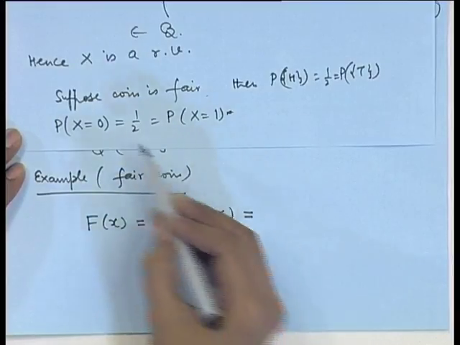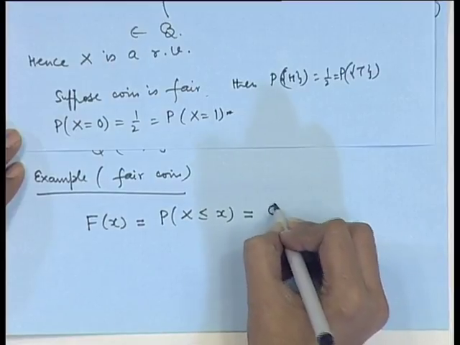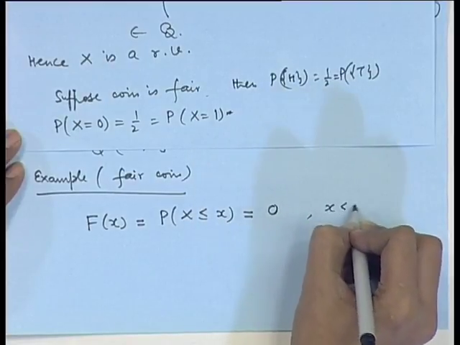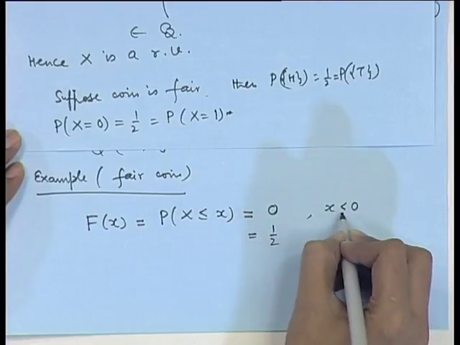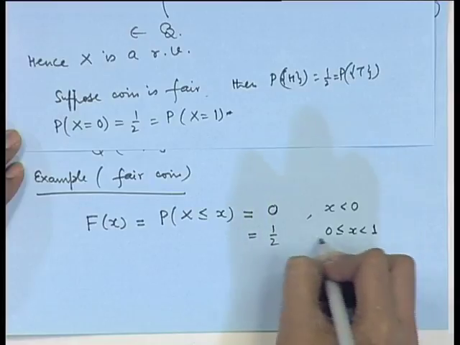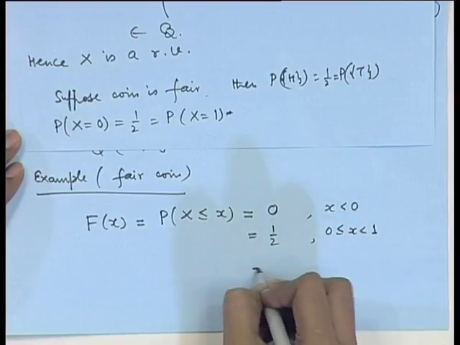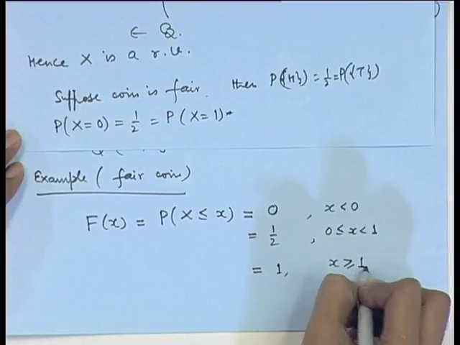Since the random variable takes the smallest value 0, this probability is 0 for x less than 0. The probability becomes half when x becomes 0, and it remains so till x is strictly less than 1. It becomes 1 for x greater than or equal to 1.